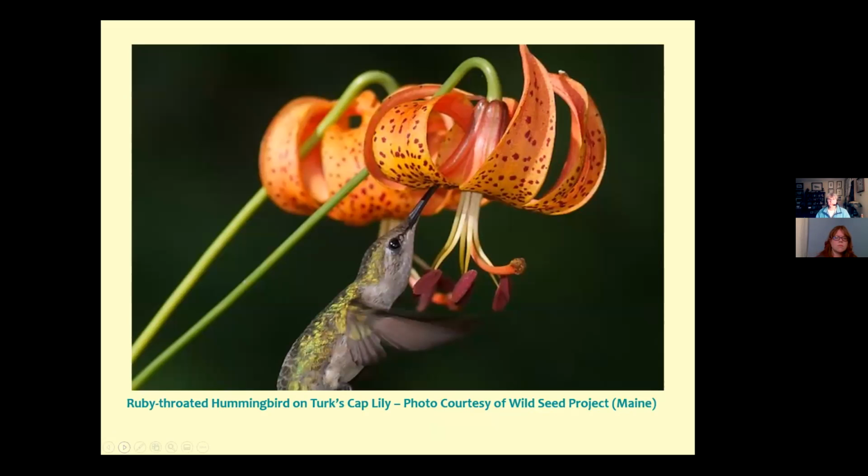And then here's where I talked about the Turk's cap lily being one that the hummingbirds are part of the pollination process. While she's sticking her little bill in there and the nectar is way down in here, the pollen can rub off onto the feathers or even onto the wings. And as they go to the next plant, they can do that.